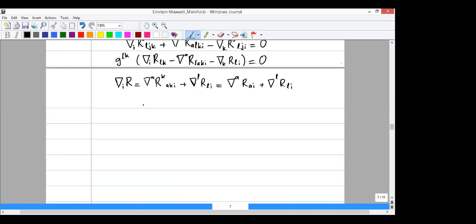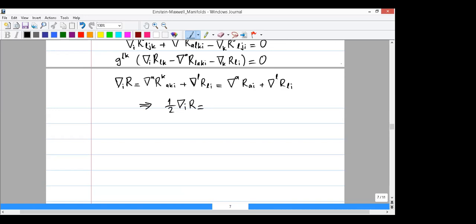The last step is just to write everything in one equation. Since these a's are summed over and l are summed over, I can write them together.